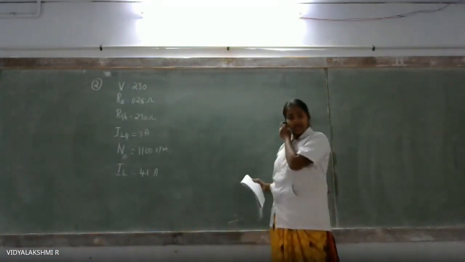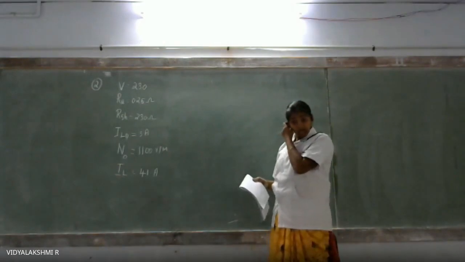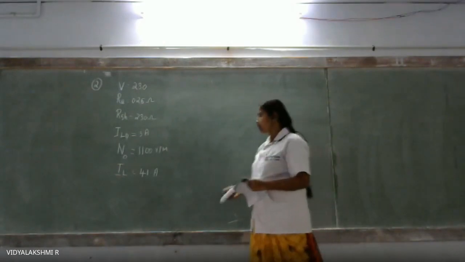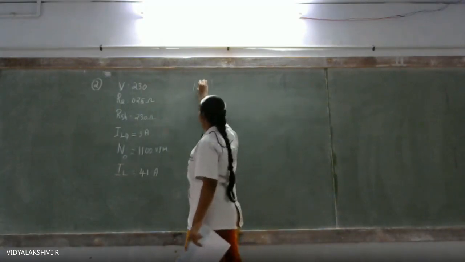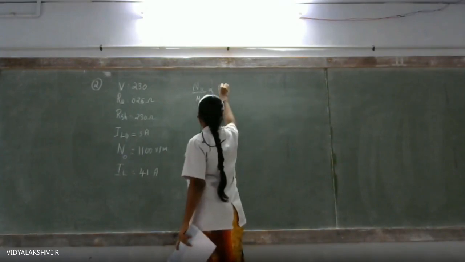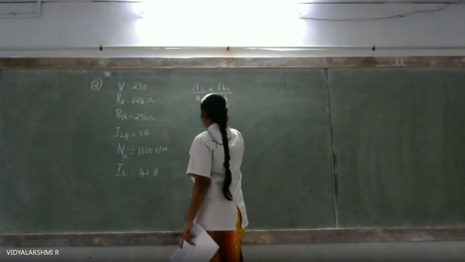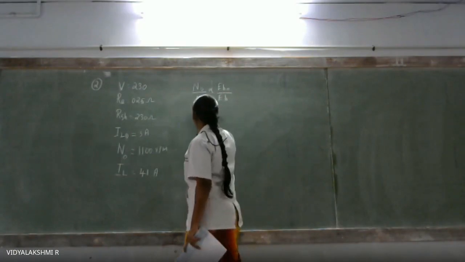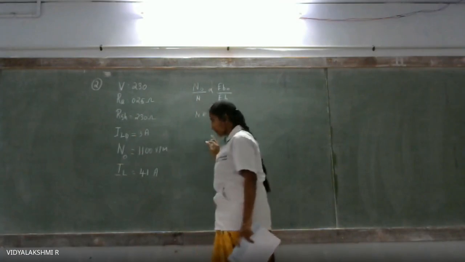From this, I'm going to find out the full load speed. So here I'm going to use the formula N naught by N is directly proportional to EB naught by EB. There's nothing else. We know the formula N is directly proportional to EB by phi. So they won't talk about the flux here.